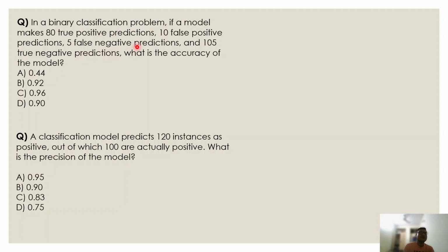Now moving to the next one. In a binary classification problem, if a model makes 80 true positive predictions, 10 false positive predictions, 5 false negative predictions, and 105 true negative predictions, what is the accuracy of the model? This is very simple based on the confusion matrix.